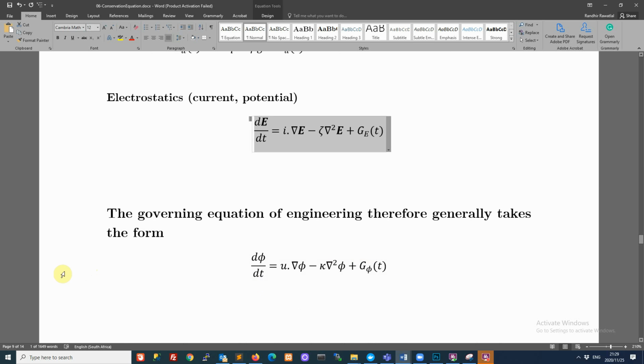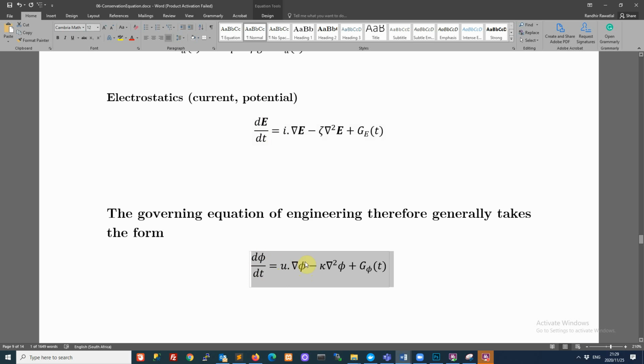So if you look among all these equations, you can see that there's a convective part, so there's a velocity and a gradient in some function. So let phi be this generalized function, whether it's concentration or temperature or velocity or potential field.